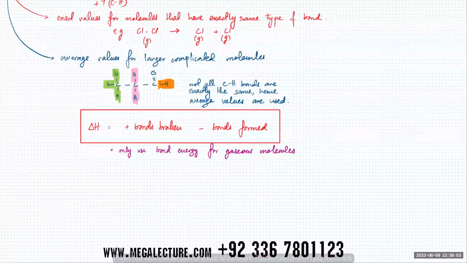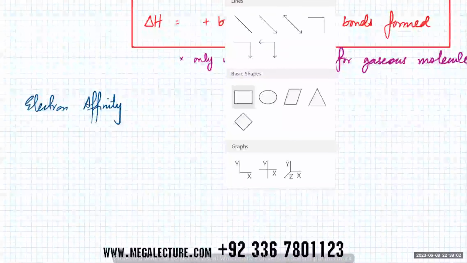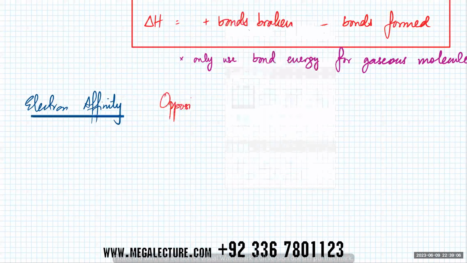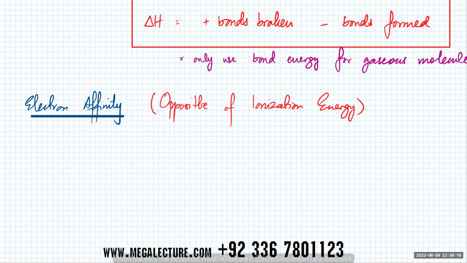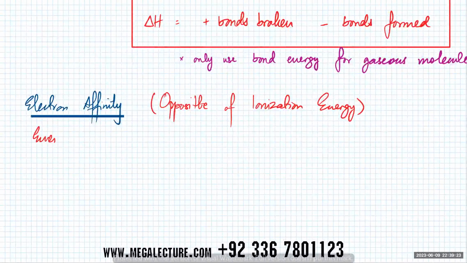So electron affinity is kind of the opposite of ionization energies. I mean, it's exactly the opposite of ionization energy. Basically, you're trying to add electrons. So it's the energy that is released or absorbed. It could be endo or exo.